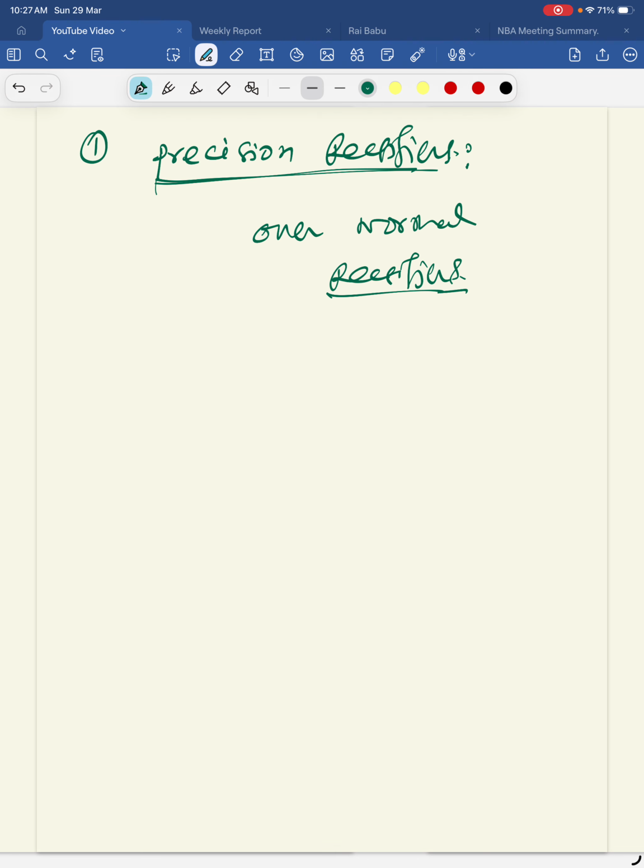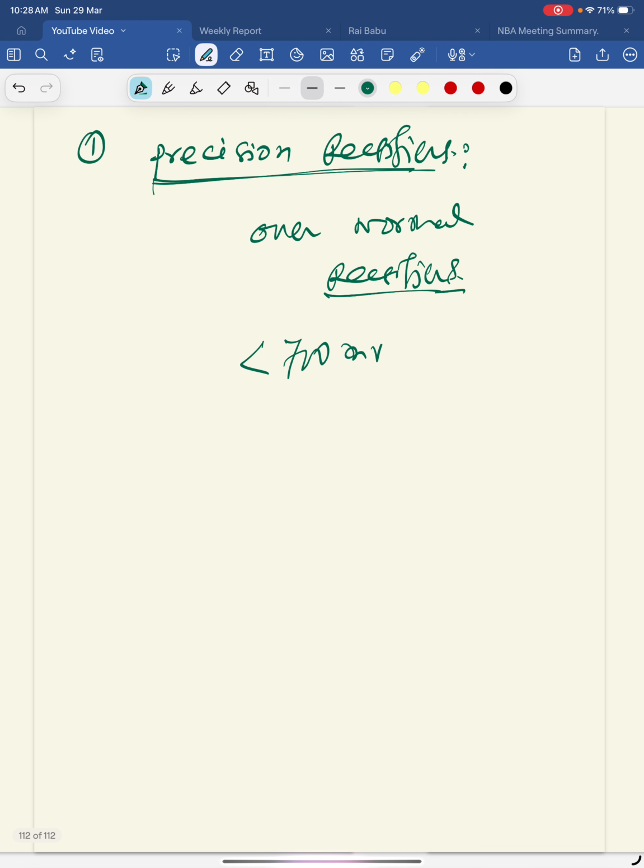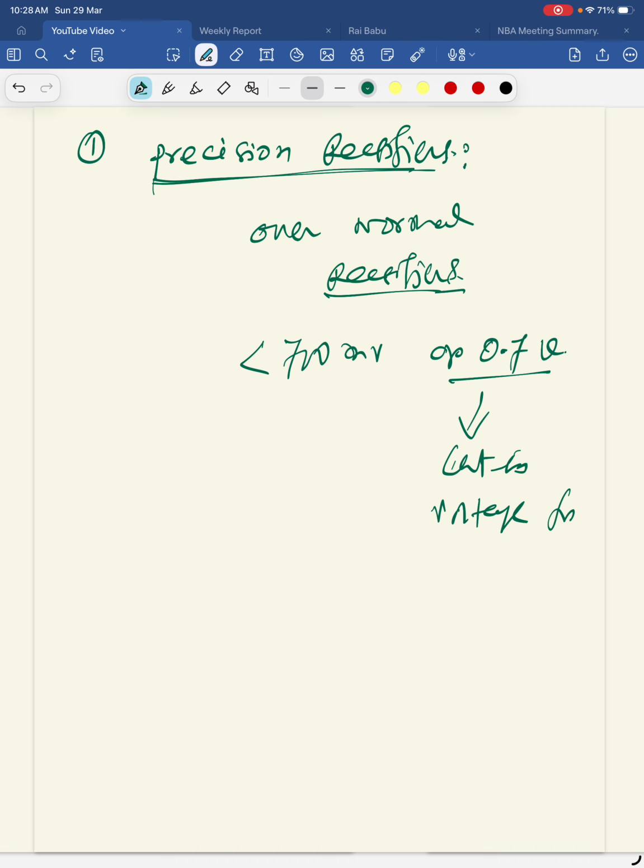The reason is that a normal rectifier circuit can't rectify input voltage levels that are less than 0.7 volt or 700 millivolt, because this is the cut-in voltage for a conventional diode.